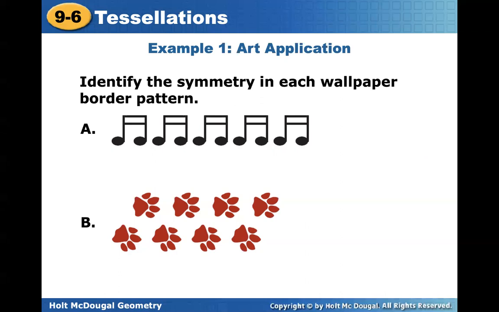Well, letter A here just looks like a translation symmetry. So it is, you just moved that musical note over to the next one. In other words, you just slid this one on top of that one on top of that one, and that's just a translation.